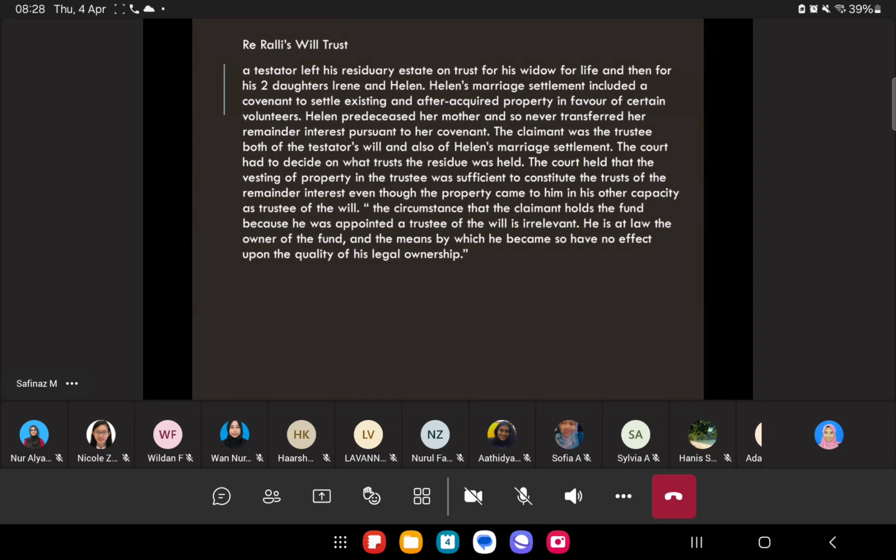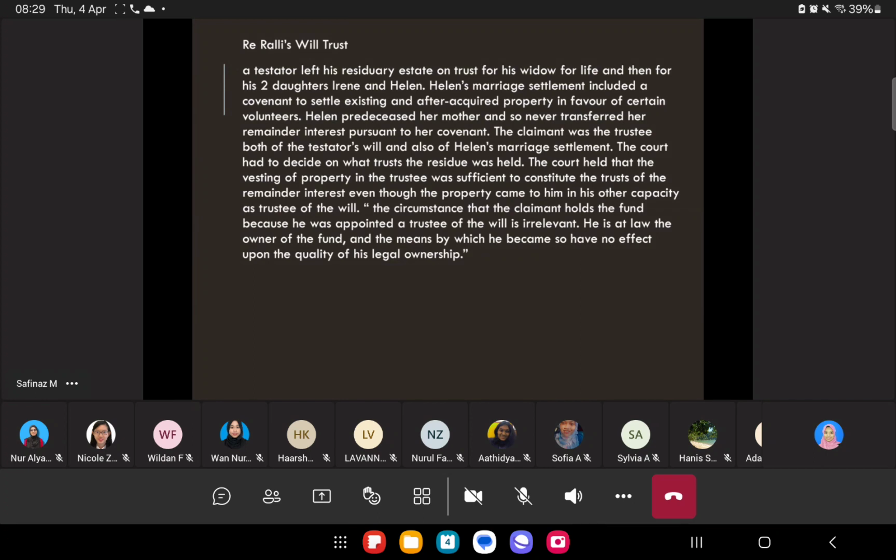Okay. Tapi mahkamah kat sini kata that is irrelevant, sebab the trustee kat sini nak kata the vesting of property onto him tu came from the first trust. Okay, mahkamah kat sini kata it is irrelevant in which circumstances that you dapat harta tersebut.